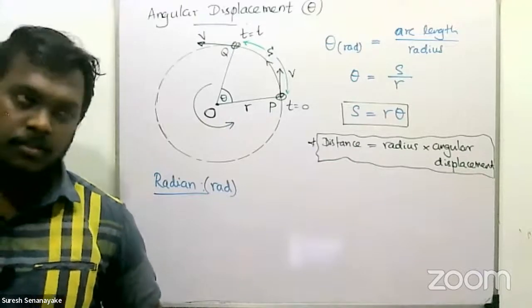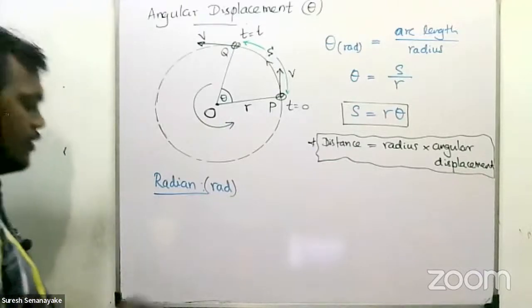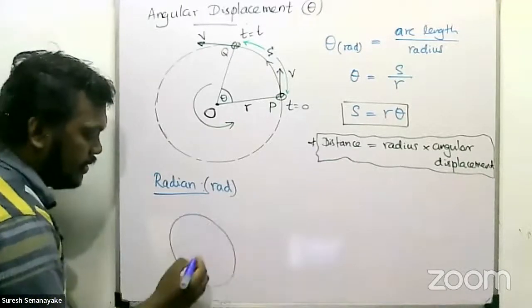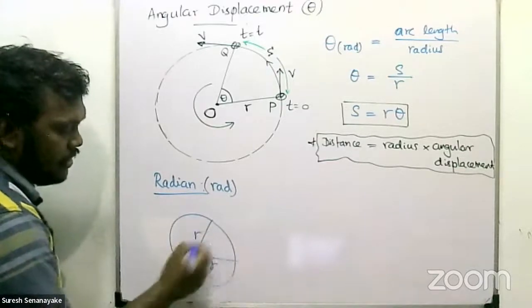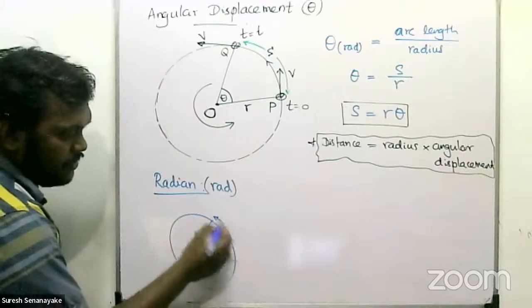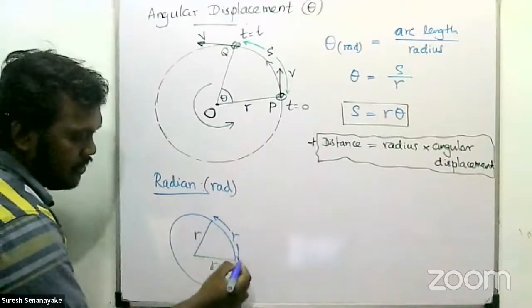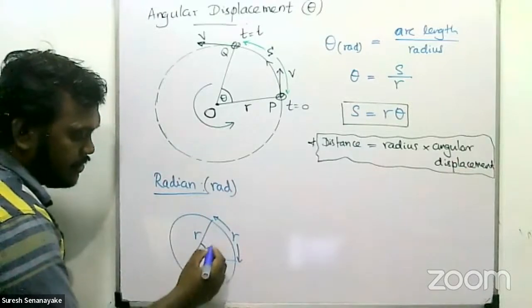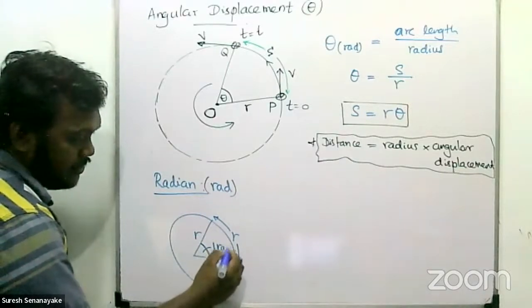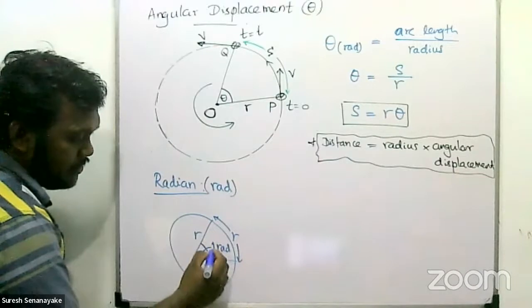In this case you can say this is R and this is R. If this is R, the arc length is also R, and this angle is called 1 radian. So that is the definition.